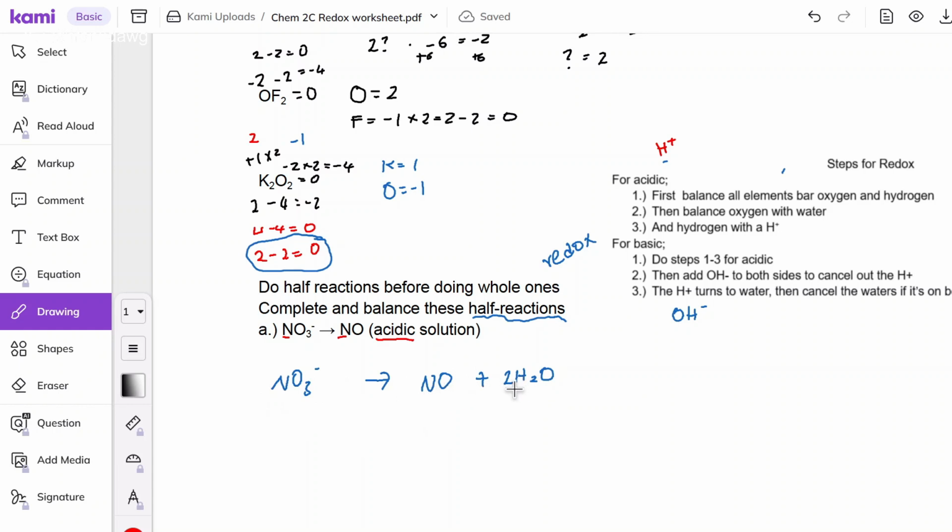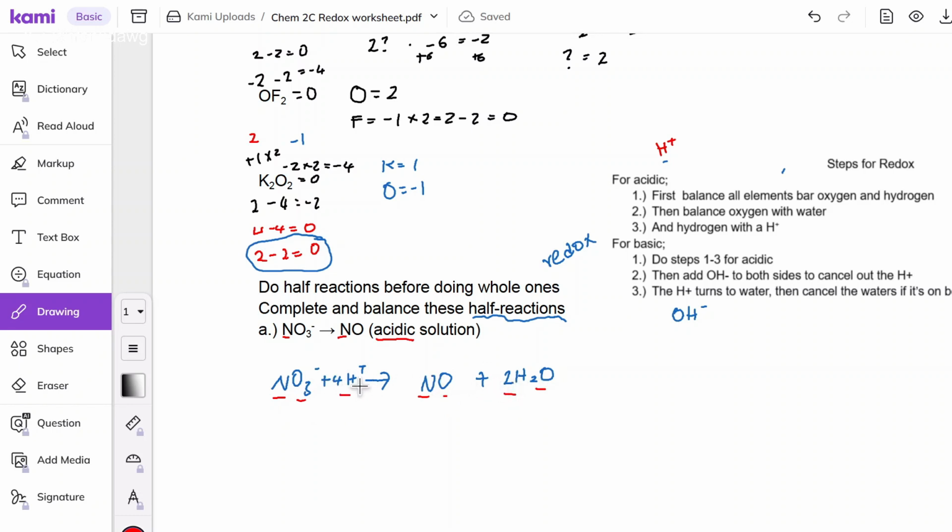But now we have a problem because there are 4 H's here on this side that aren't here. So to fix that problem, we just add 4 H pluses. And now this half reaction is balanced. We can see now that all the elements are balanced: 1 N on both sides, 3 O's on both sides, 4 H's on both sides.